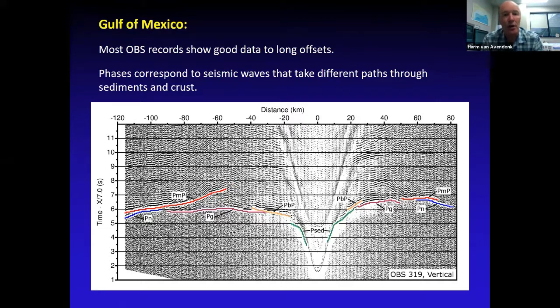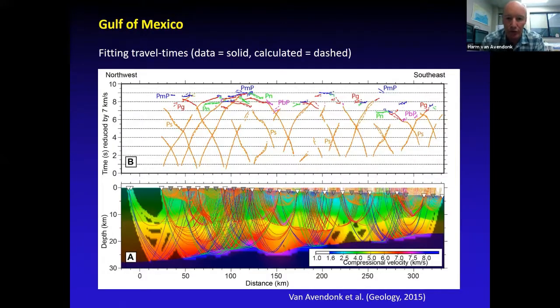If we can correlate these kinds of arrivals and events, and correlate them across different instrument records on a seismic line, then we can use them in some kind of combined tomographic inversion scheme. So this is the result of that. What you're seeing here in the bottom panel is a seismic velocity model, where the orange-reddish colors are our crustal structure. In green, we have the sediments.